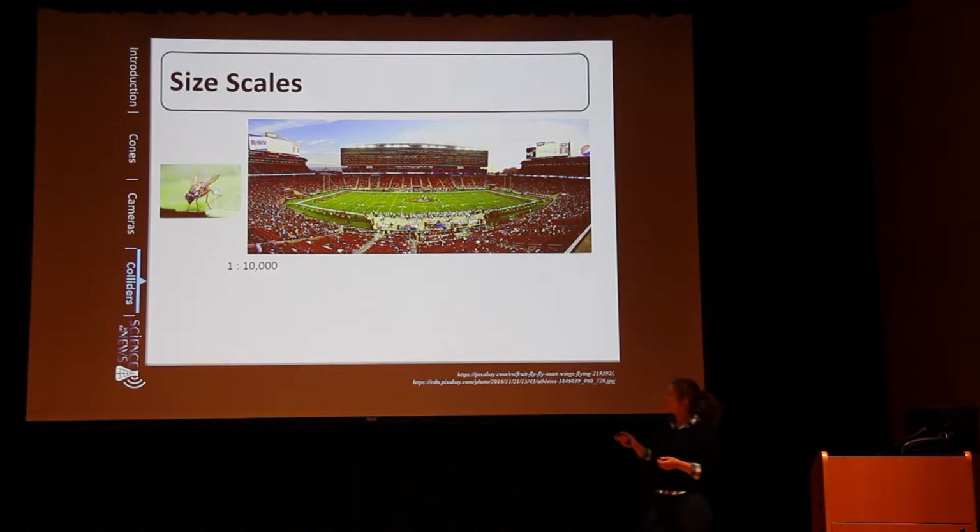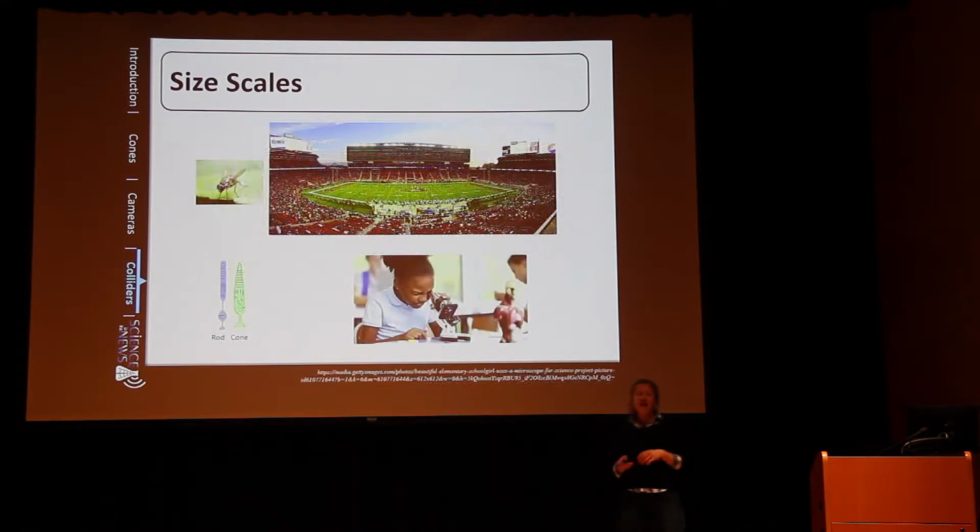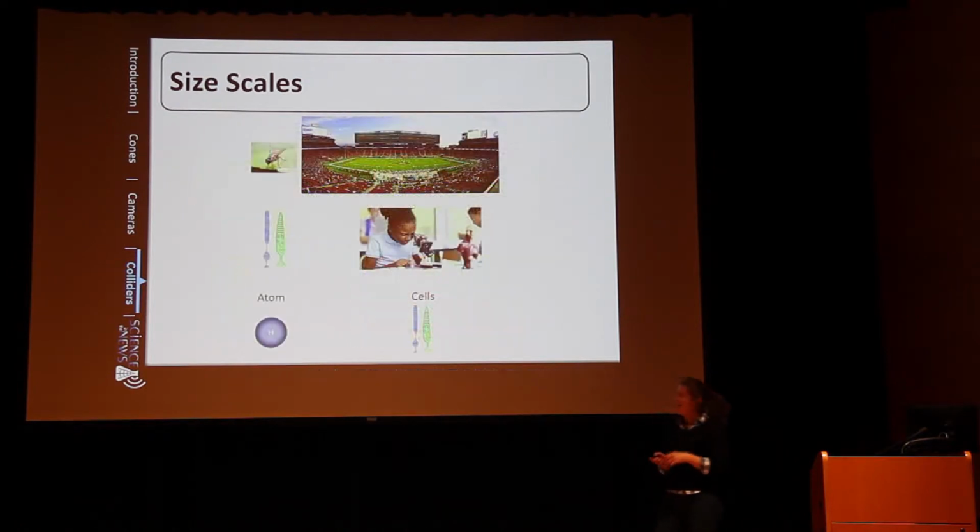The ratio of the size of the fruit fly to the length of the football field is about 1 in 10,000. That's actually the same ratio as your cells to you, like your rods and cones. So if you were the size of a football field, your cells would be 10,000 times smaller, like the size of a fruit fly. And atoms are another 10,000 times smaller than even cells.